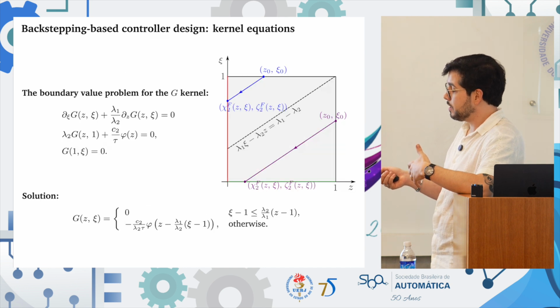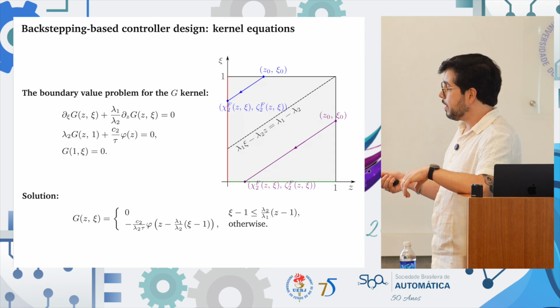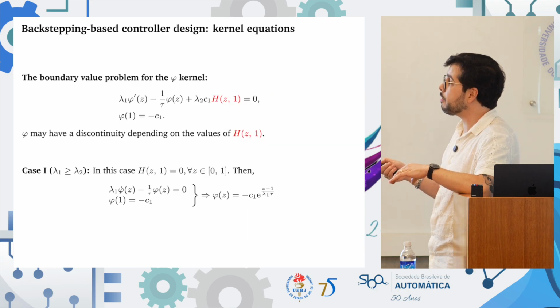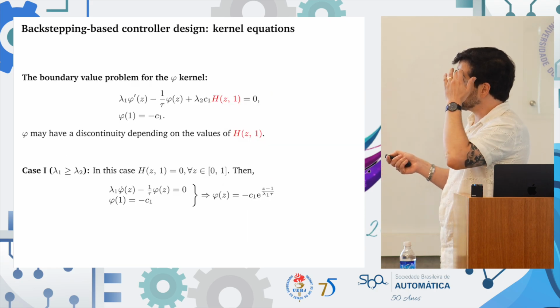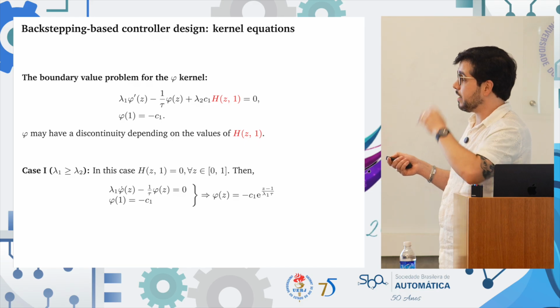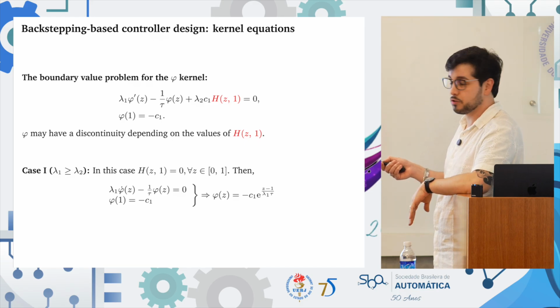So in the end, the solution of K depends only on phi. Similarly for J, the solution is 0 in one interval and equal to phi in another interval. So in the end, everything boils down to solving the equation for phi. If phi has a solution, the problem is solved.